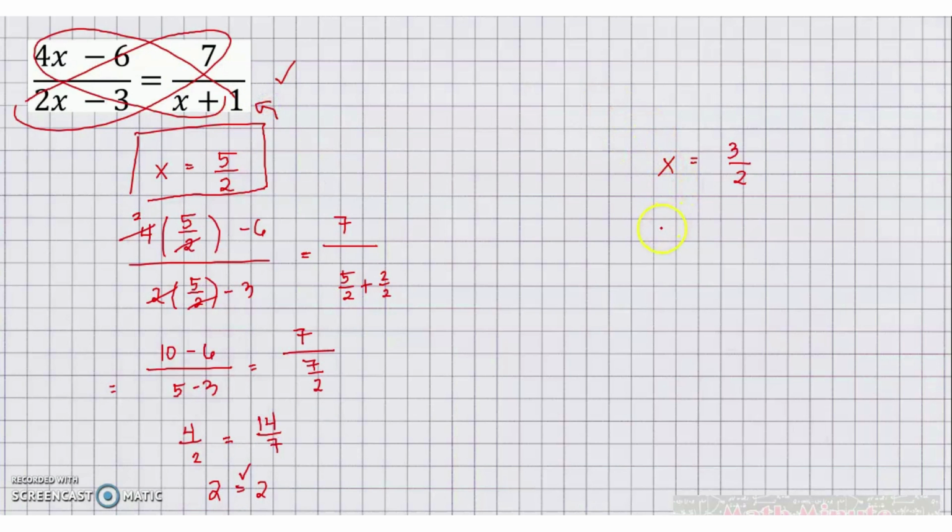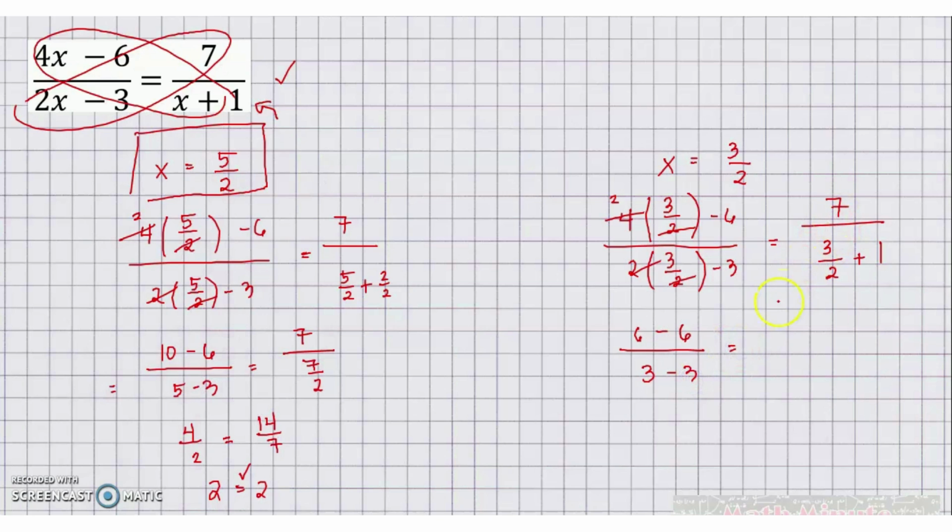Let's try to solve if x is 3 halves. So this will be 4 multiplied by 3 halves minus 6 over 2 multiplied by 3 halves minus 3 is equal to 7 over 3 halves plus 1. So this will be 6 minus 6 over 3 minus 3 is equal to 7 over 3 halves plus 2 over 2.